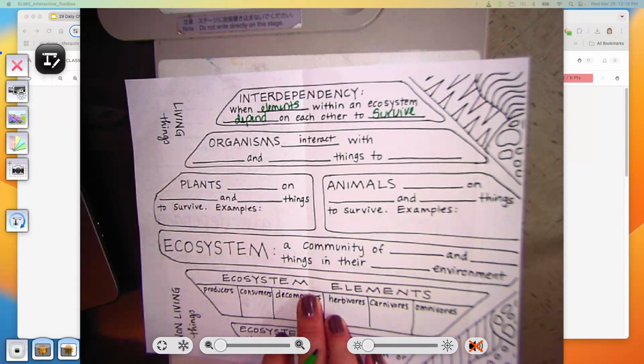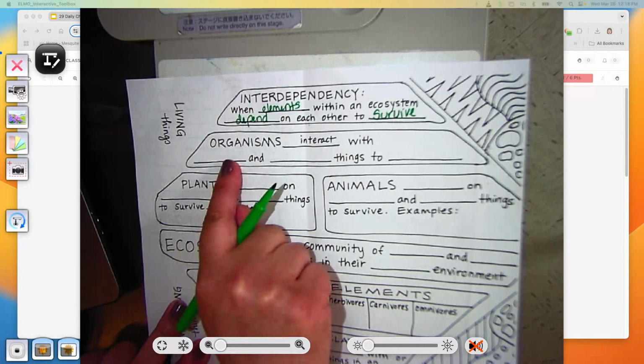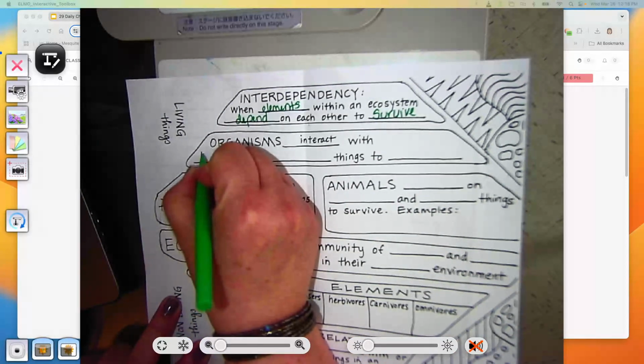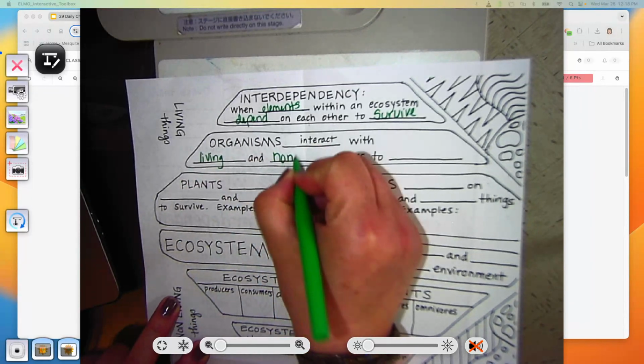So that means, for example, frogs depend on mosquitoes so they can live, right? And mosquitoes depend on blood. Well, yeah, blood, but they also depend on the water to survive too. So we have organisms interacting with living and non-living things.